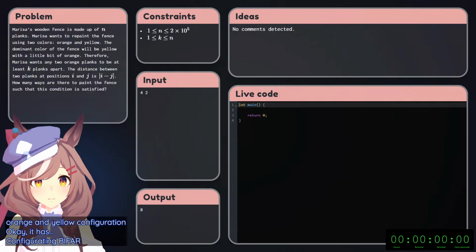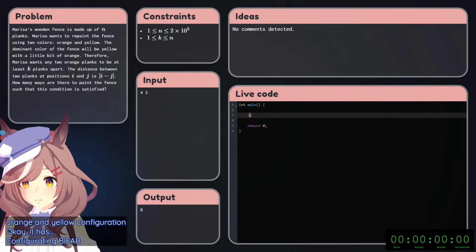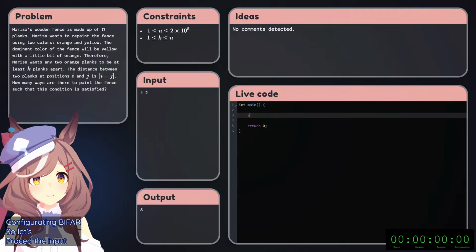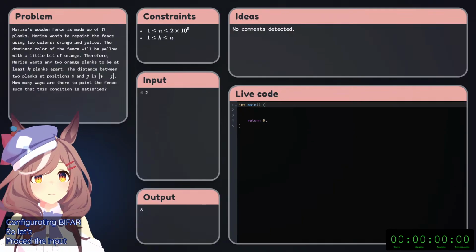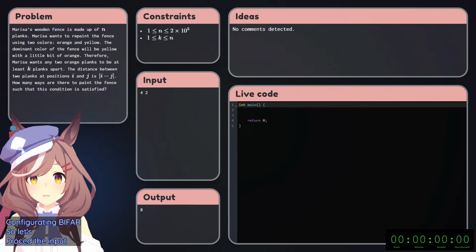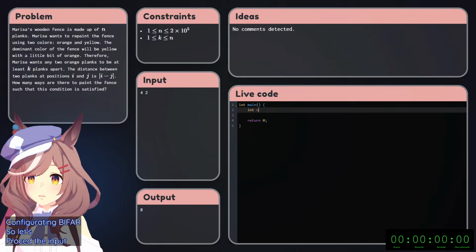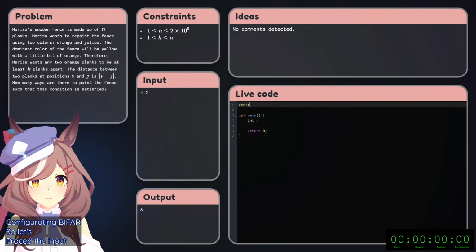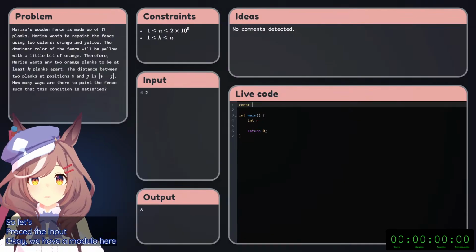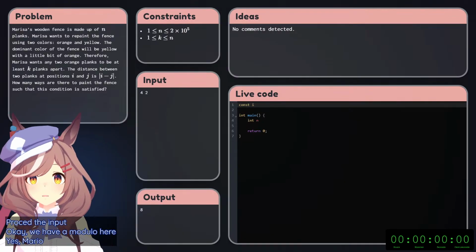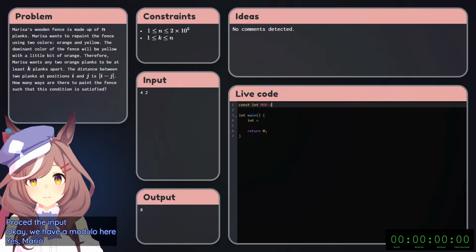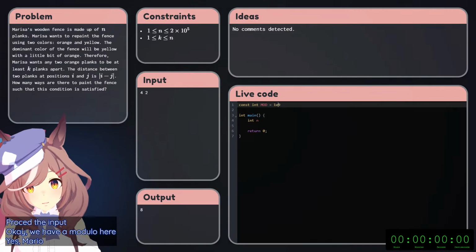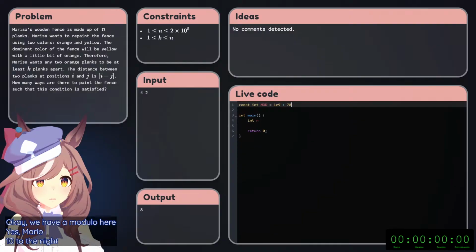Yeah. Okay, so let's process the input. And we have modulo here. We need to define the const modulo equal to 10 to the 9 plus 7.